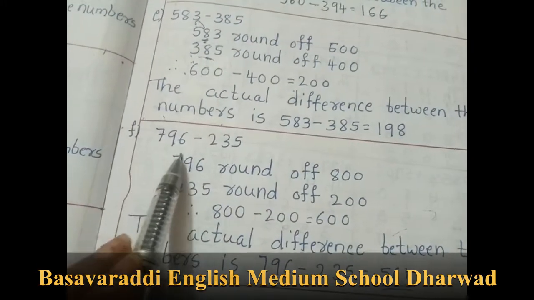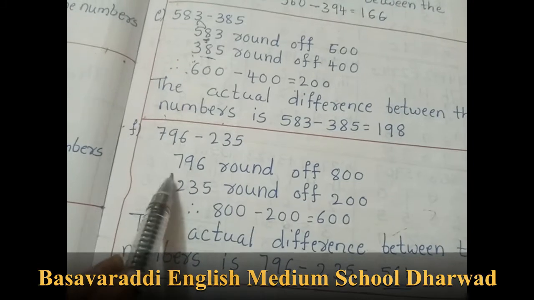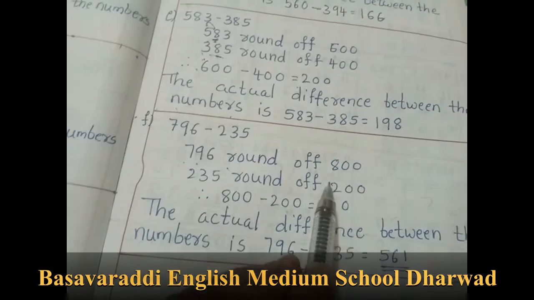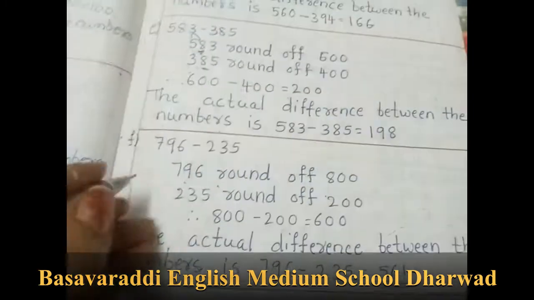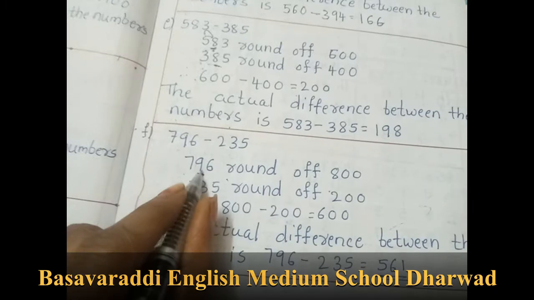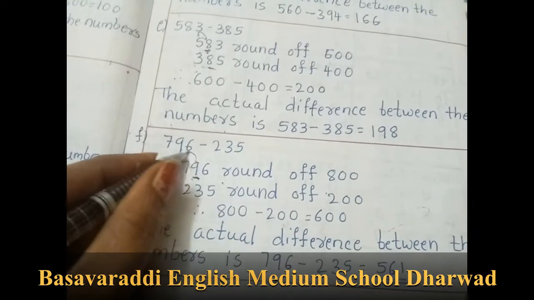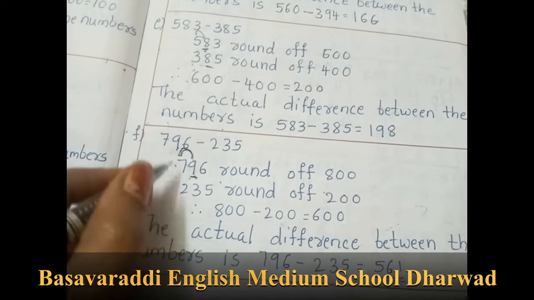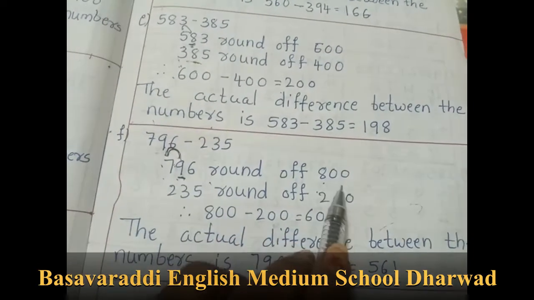F1, 796 minus 235. 796 we are rounding to 800. How? We have to see the tens place and decide whether it is a push up or a push down. 9 is push up to the 100 place, so 7 plus 1, that is 8, and the tens place is 0 and ones place is 0.